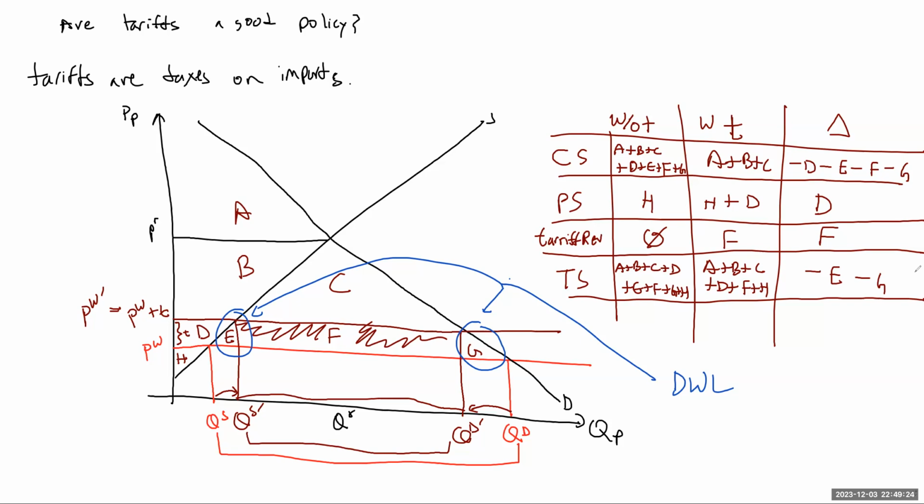You could see when tariffs are implemented, the economy as a whole loses. Consumers lose. Guess who gains? Producers. Domestic producers are the winners.